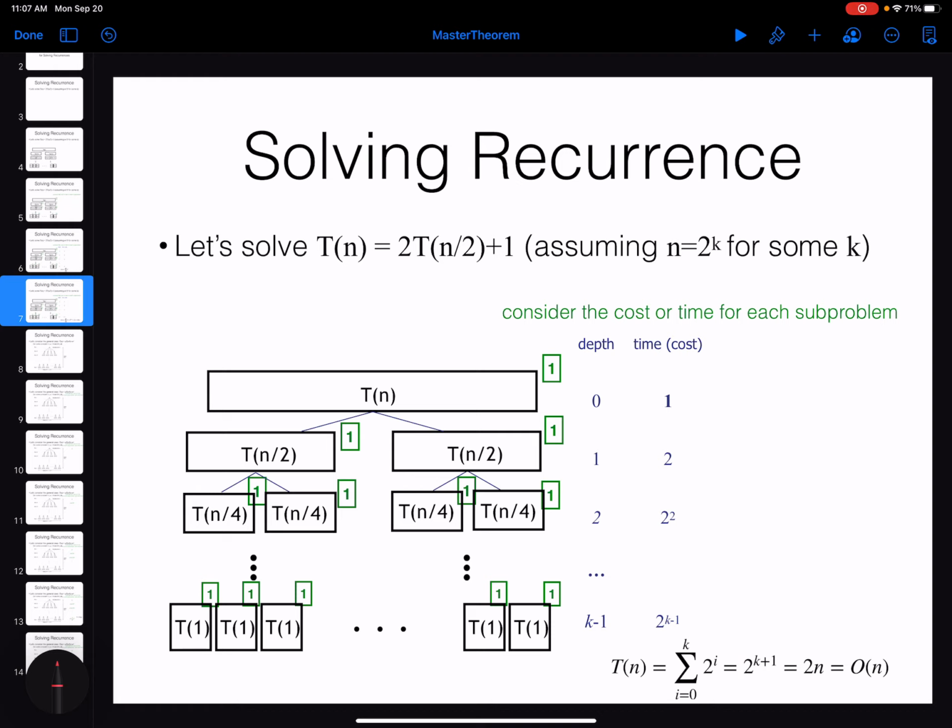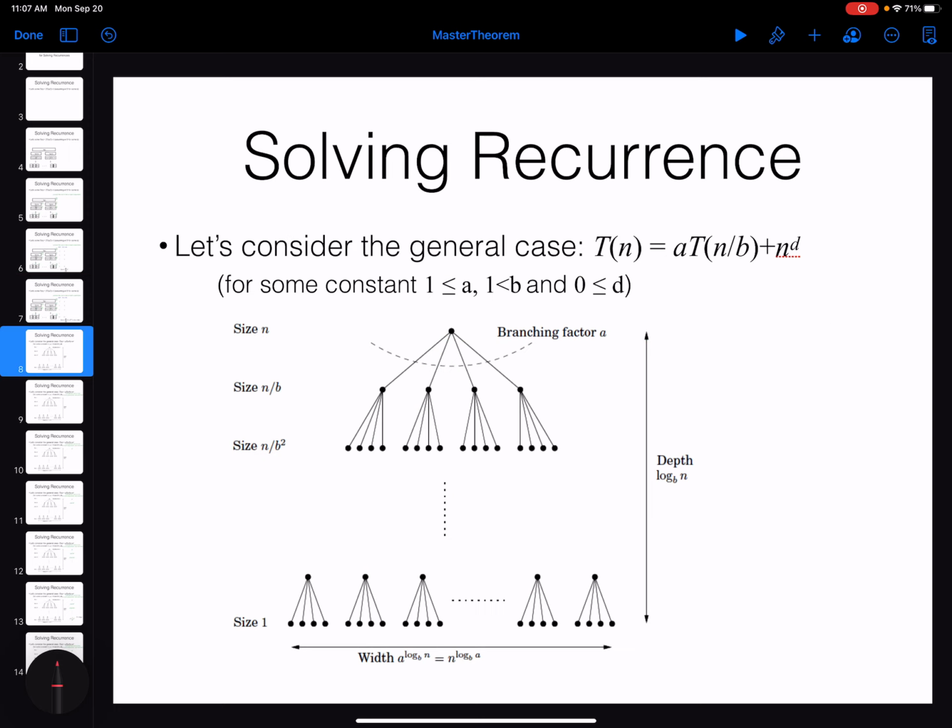Okay, so this method that we have applied over this recurrence relation, we can generalize it and write the master theorem. The general form that I have written here is this recurrence relation, that T of n equals A multiplied by T of n divided by B plus some additional cost, which is in the form of n to the power of d.